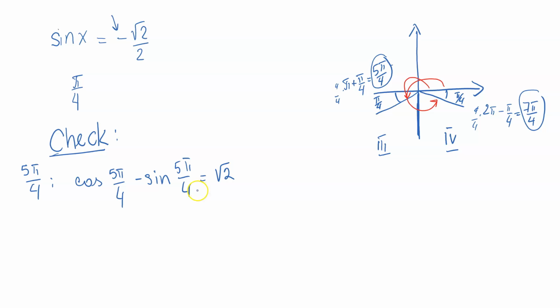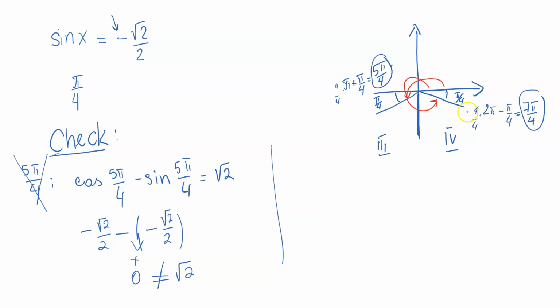Cosine of 5 pi over 4 is equal negative radical 2 over 2, minus sine of 5 pi over 4 is also negative radical 2 over 2. Negative and negative will give us positive, and negative radical 2 over 2 plus radical 2 over 2 is equal to 0. 0 is not equal to radical 2. So this solution will not work.